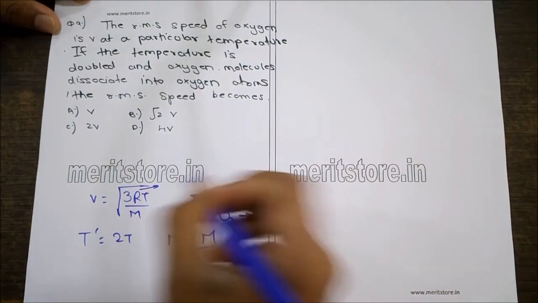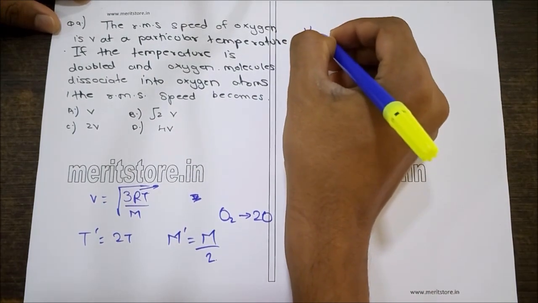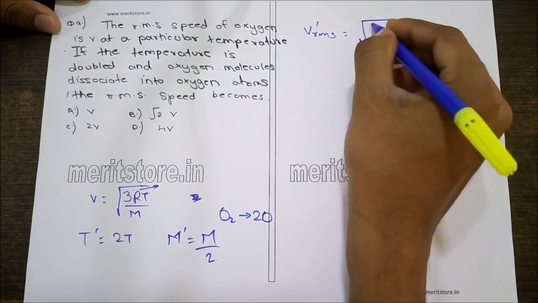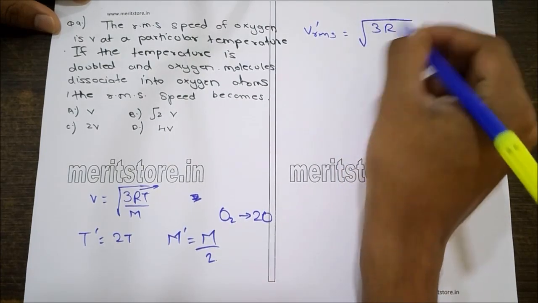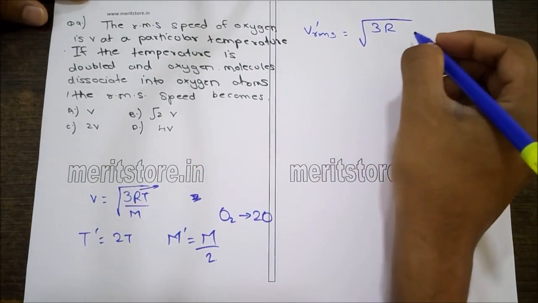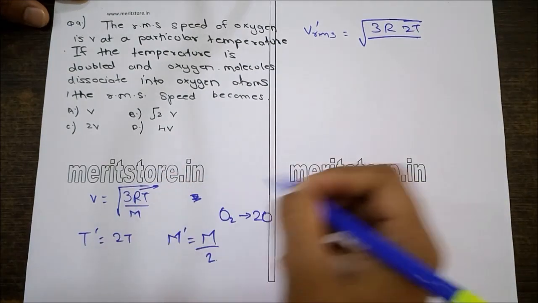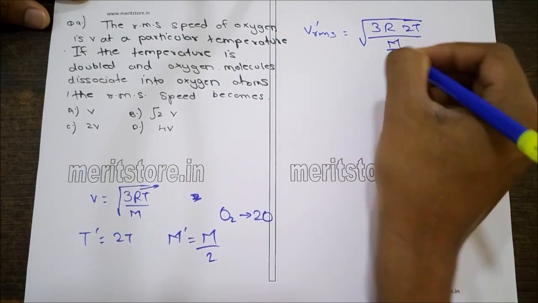So using these values in this relation, the new VRMS we get as root of 3R, 2T upon M by 2.